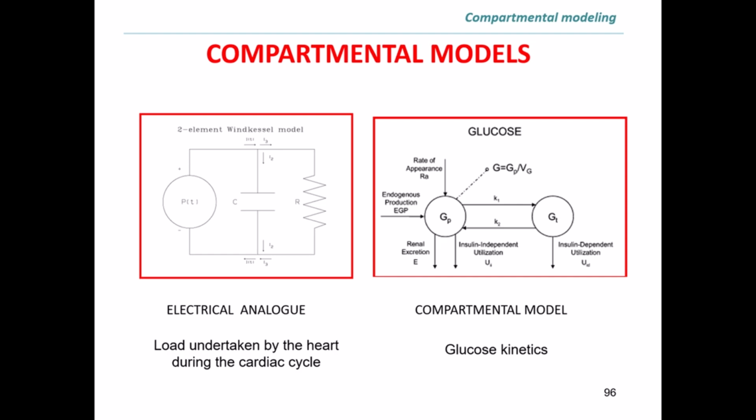In the other case, if we want to represent, for example, glucose kinetics inside the human body, the compartmental model represents the best qualitative model. So a qualitative model, as we said previously, is a graphical, conceptual representation chosen on the basis of the problem that we have to represent.